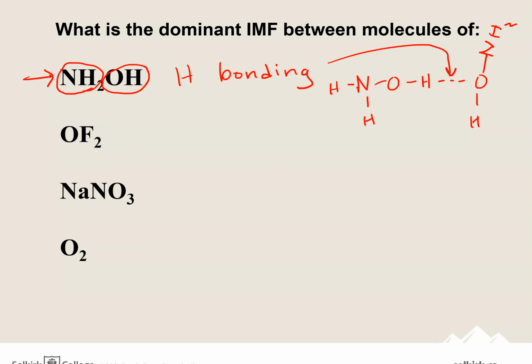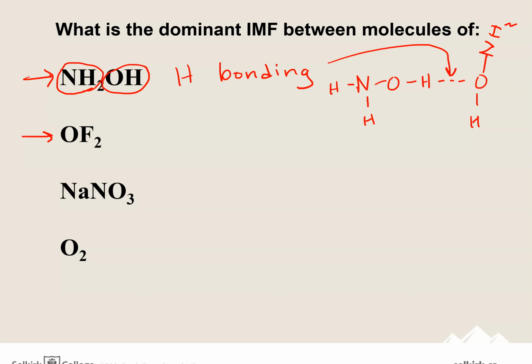Okay, next example, OF2. First question I'm going to ask myself is is it ionic or covalent? It's covalent. All right, so covalent things can be either polar or nonpolar. So the next question I'm going to ask myself is is it polar or nonpolar? This one's going to take a little bit more work.